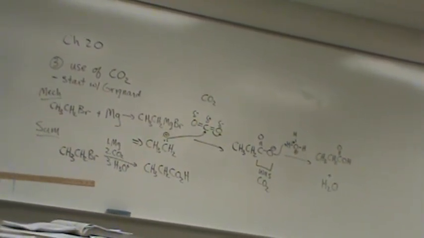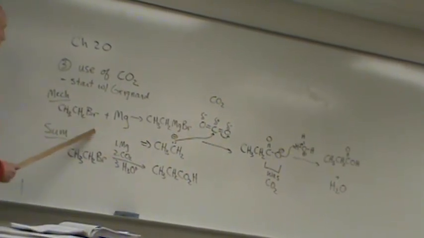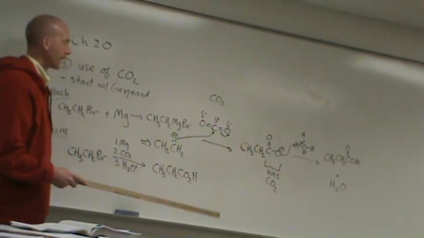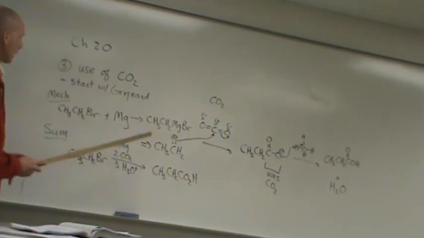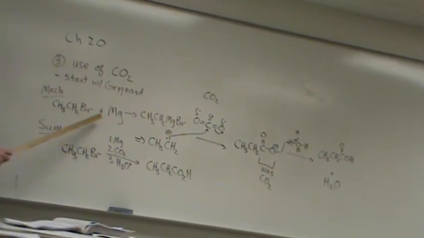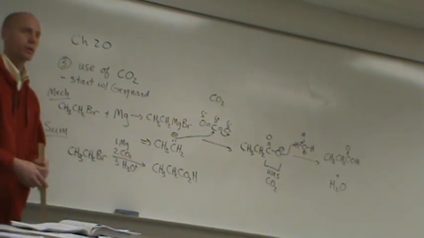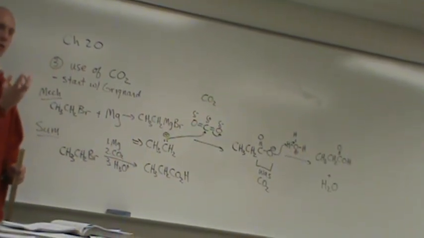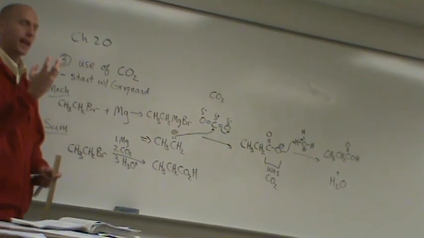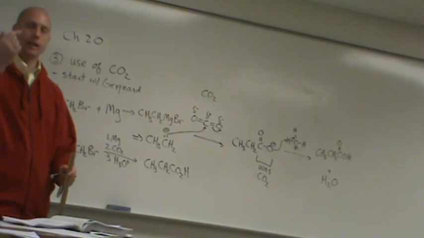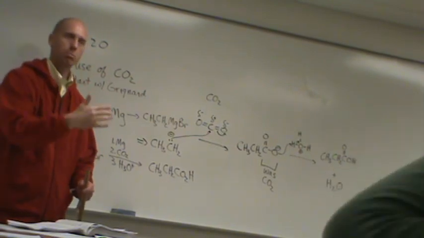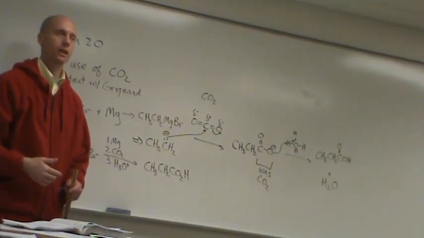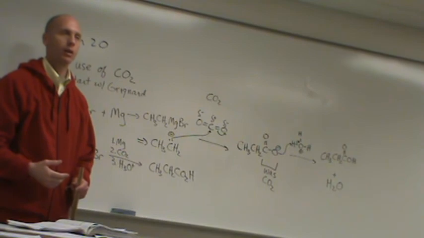It's interesting, if you were to do this experiment in the lab, it's very simple. After you mix these two to make your Grignard's in solution, then you take a canister of carbon dioxide and you bubble it into that solution. Just bubble the heck out of it for about half hour.